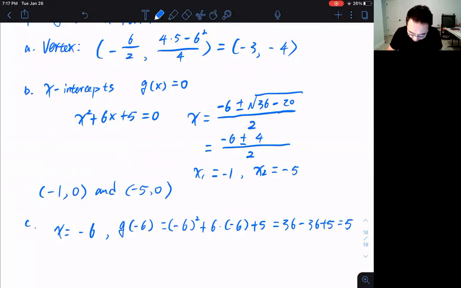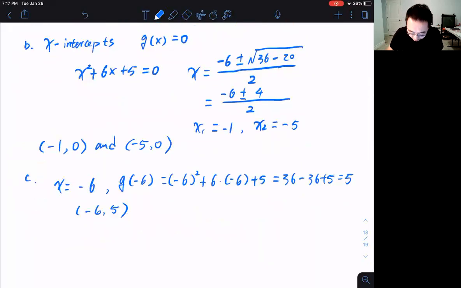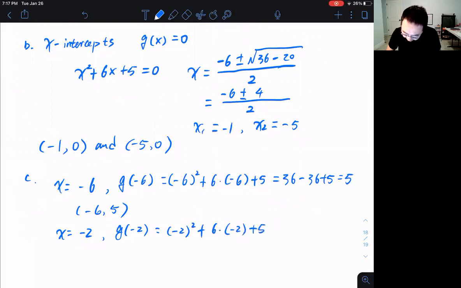So one point is (-6, 5). For another one, let's say x is negative 2. g of negative 2 equals negative 2 squared plus 6 times negative 2 plus 5, which is 4 minus 12 plus 5, which gives you negative 3. So another point on your parabola is (-2, -3).